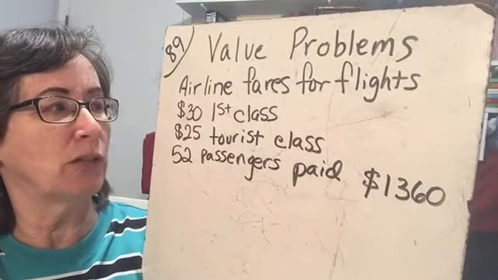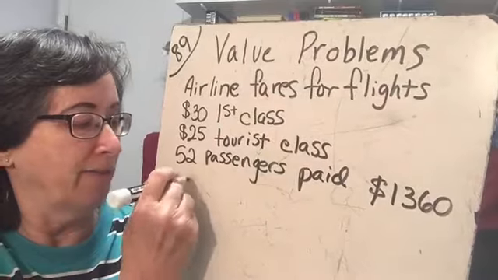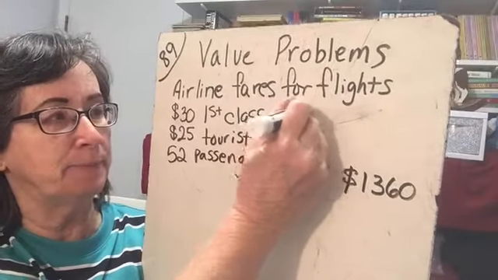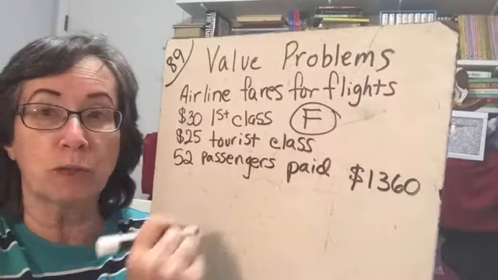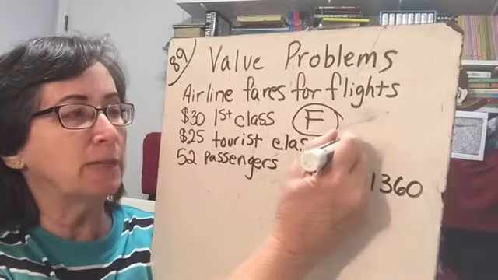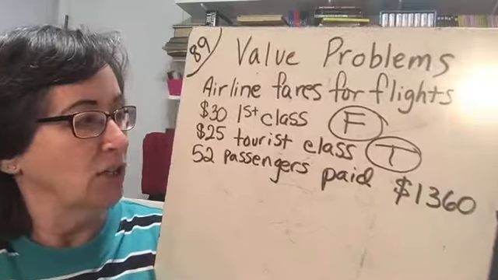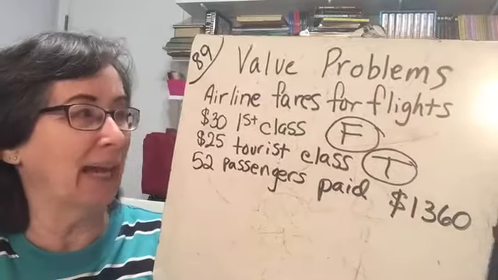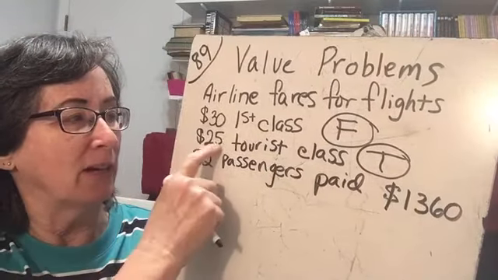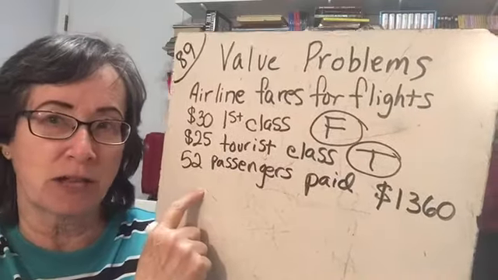So we're going to use F for first class, for the word first, and we're going to use T for tourist class. Okay, so let's keep it as simple as we can, right? We know that there are 52 passengers altogether.